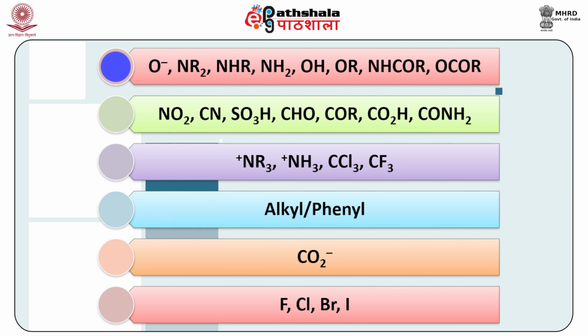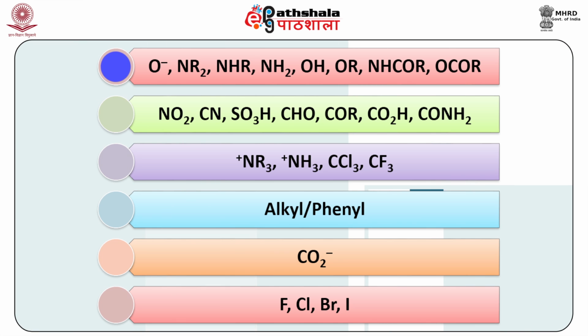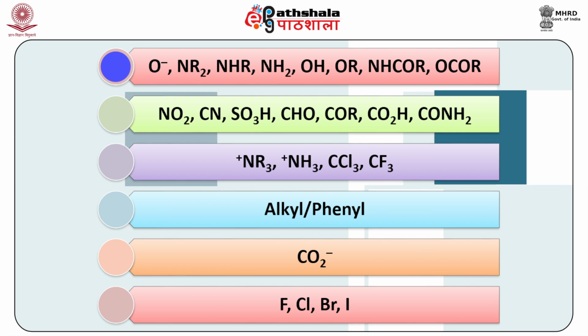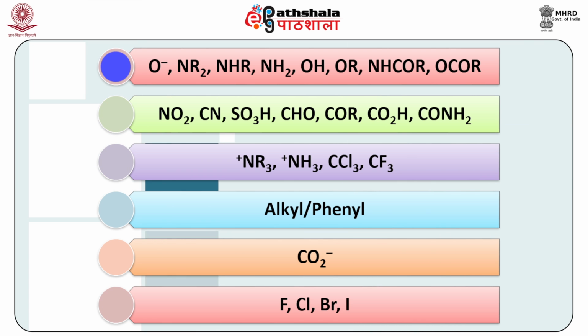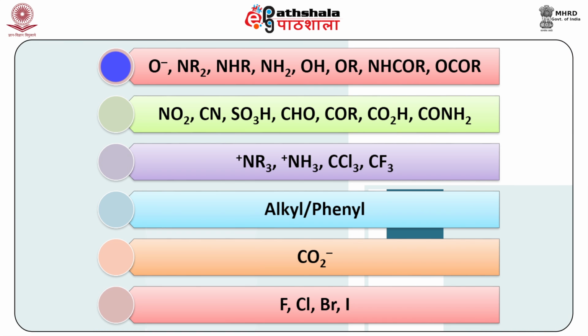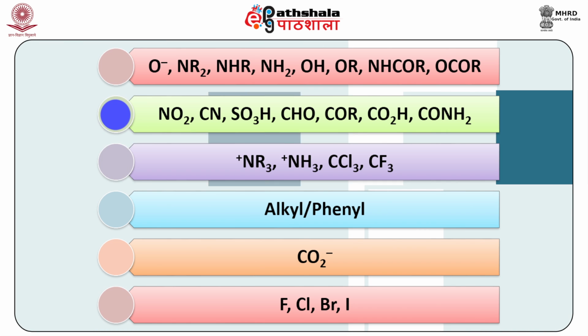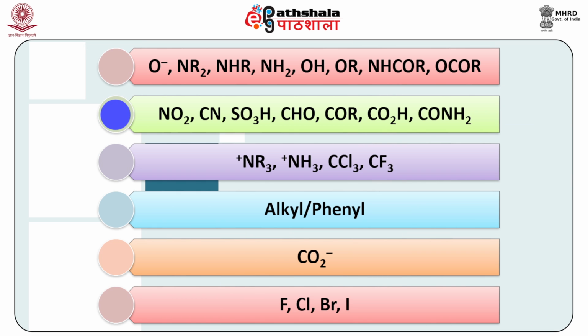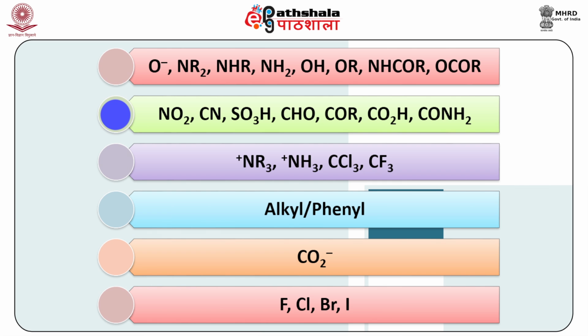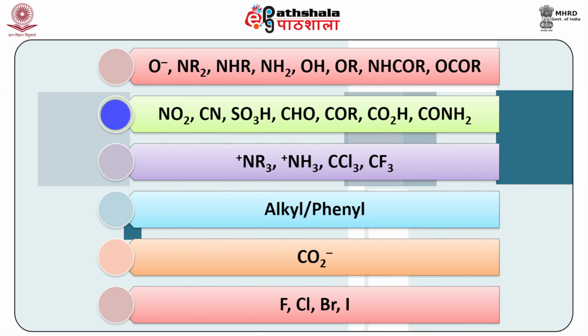First we have O-, NR2, that is the amines, primary, secondary and tertiary amines, the hydroxyl, the OR group, that is the ether group, the NHCOR group, and another one is the OCOR group. Next category would be NO2, CN, cyanide, sulfonic acid, aldehyde CHO, the ketones, the carboxylic acids and the amides.